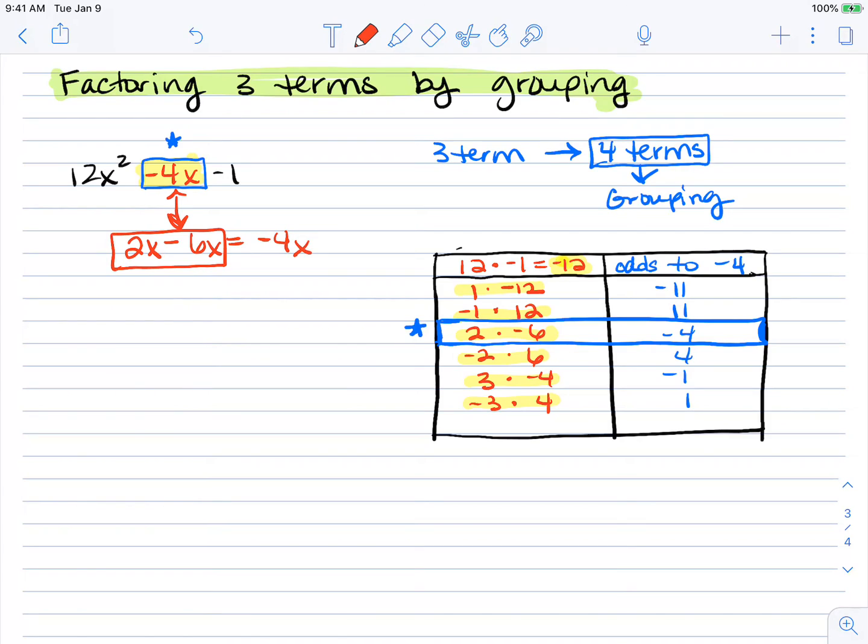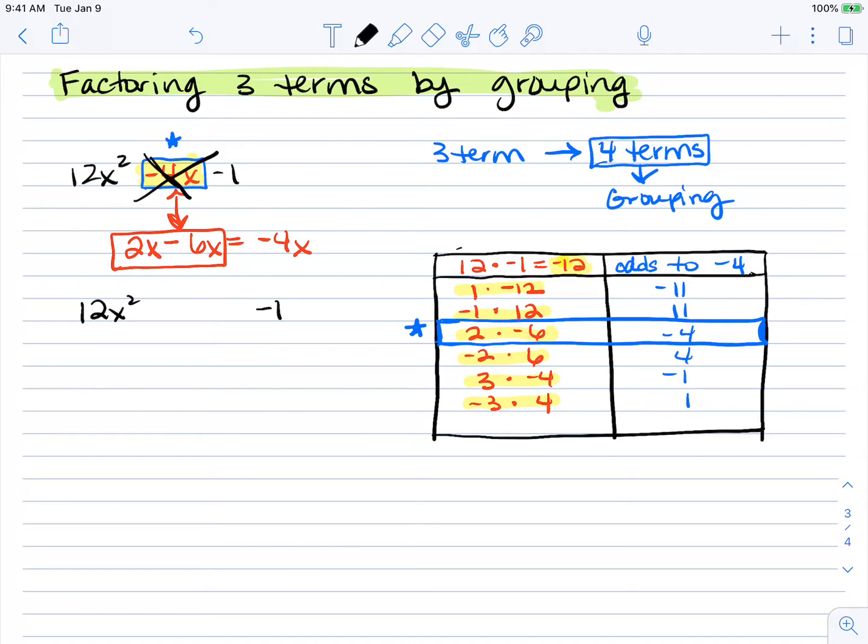So I can replace one term with two terms so that I have this total of 4 terms at the end. Okay, I'm not going to change any of this part. I'm just going to write that part down again. I've got a 12x squared and I've got a -1. But I'm going to cross out this.